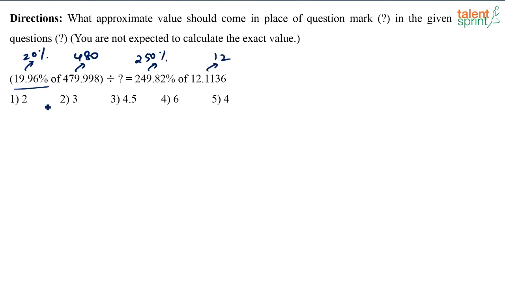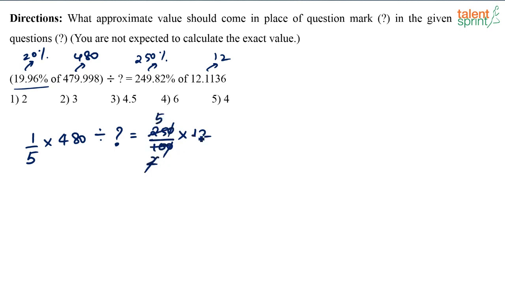So, what will you get? 20% in terms of fractions is 1 by 5. So, 1/5 of 480, divided by question mark, is equal to 250% of 12, right. So, this is nothing but 5 by 2 into 12, and 480 divided by 5 is 96, or I can say 96 divided by some value is equal to 5 into 6.